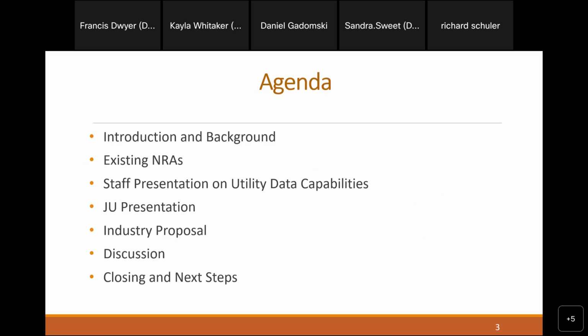And then the second presentation will be on some of the utility data capabilities. And really, the goal there is to provide some level setting so that we have a better understanding as to where we're building off of when we create these performance metrics and associated reporting requirements and things like that.